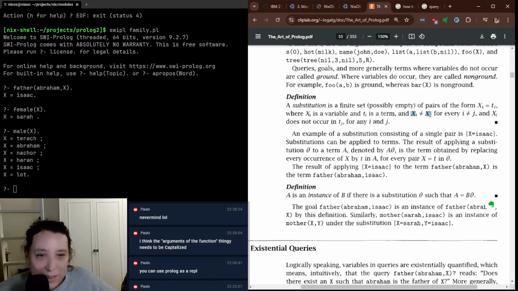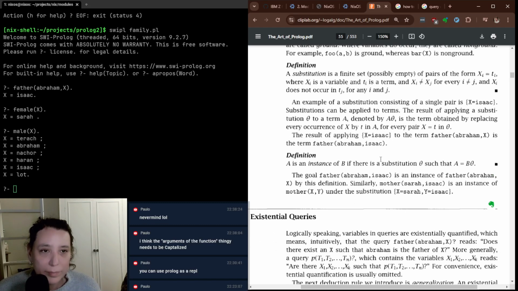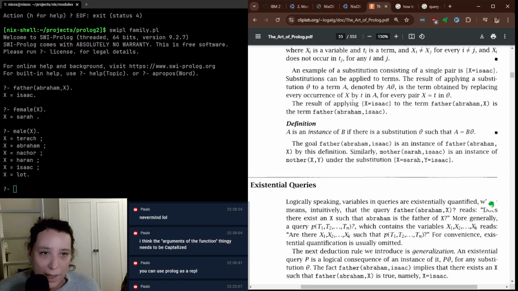And Xi does not equal Xj, which means there are no repeats for every i that doesn't equal j. And Xi does not occur in tj. So none of the terms have the same variable. Makes sense?